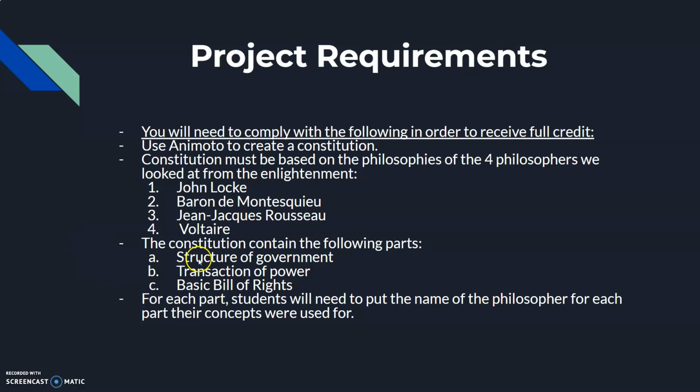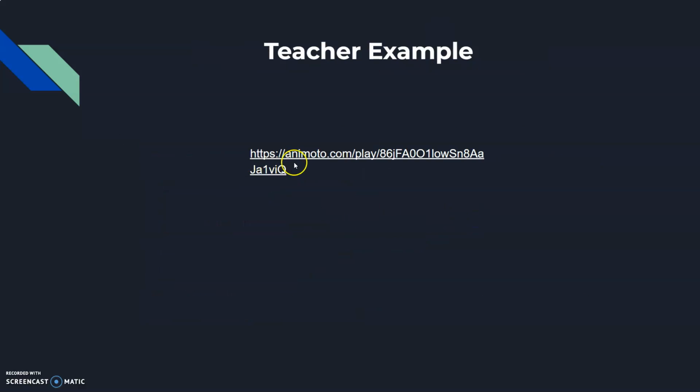The constitution must contain the following parts, and there's 3 parts: the structure of the government, transaction of power, and then a basic bill of rights. And then for each part, students will need to put the name of the philosopher whose concepts were used for each part. So these are my basic requirements, and I put the link to my example.